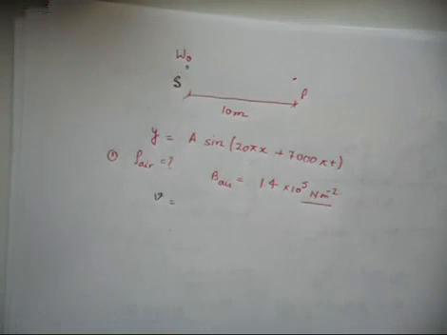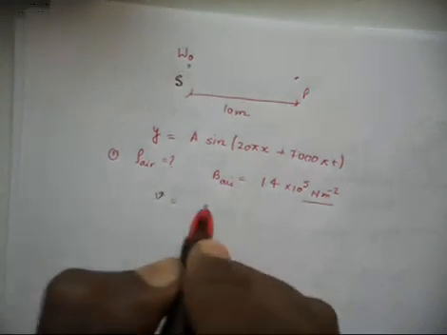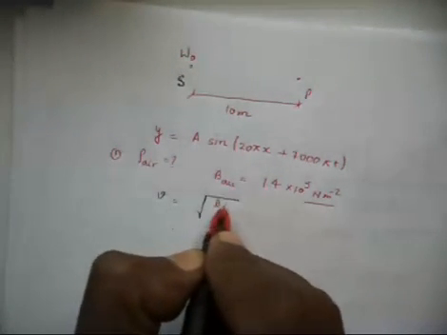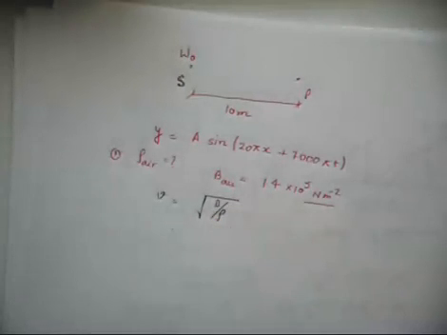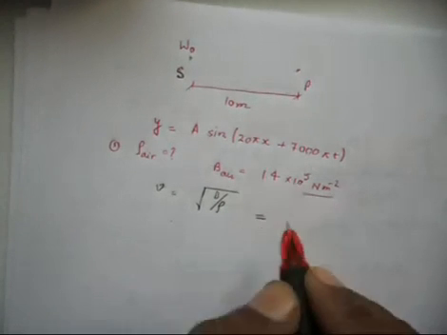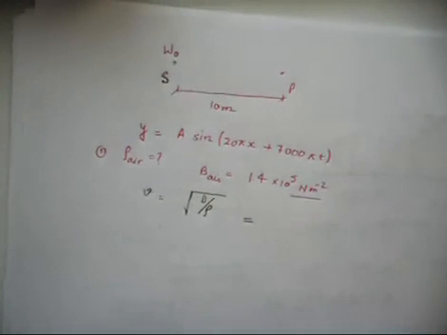Velocity in air is bulk modulus divided by density. Now we know the B, so we can find the rho. So first find out the velocity.